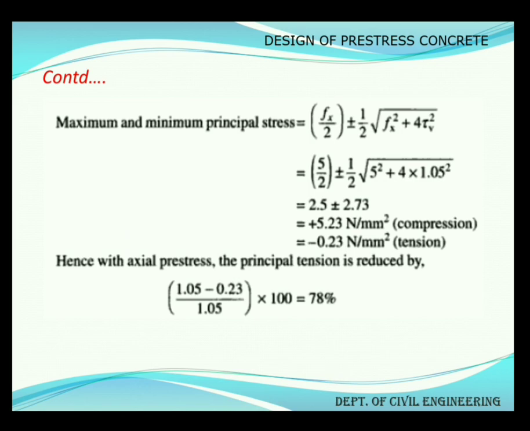The second solution is with the effect of axial forces, hence we have calculated Fx and we have to substitute it in this formula. Therefore substituting the value of Fx, which we have got as 5, we get maximum principal stress as 5.23 in compression and minus 0.23 in tension.